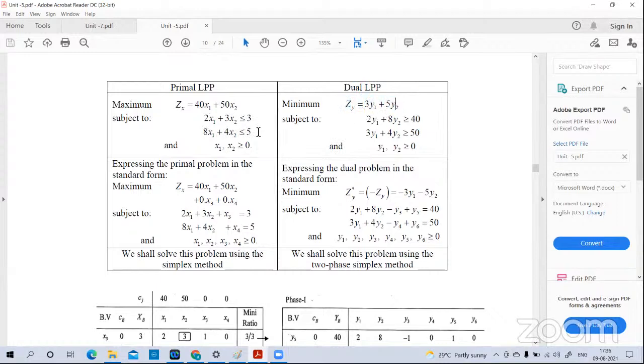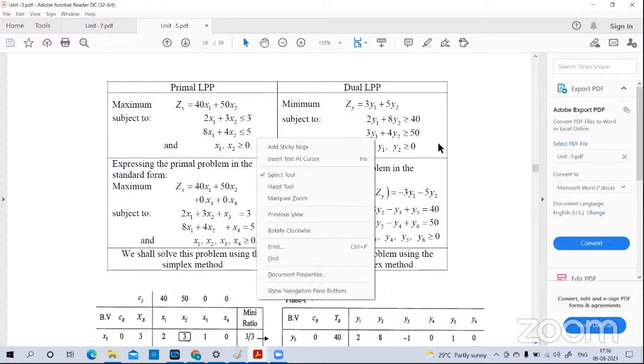Next, similarly I will take y1, y2, so that is 2y1 plus 8y2, less than or equal to, which will be converted to greater than or equal to 40, because all the x1 coefficients we take here. Next, for all x2s, it will be 3y1 plus 4y2 greater than or equal to 50. For y1, y2 greater than or equal to 0.